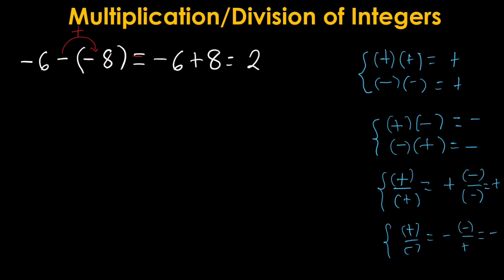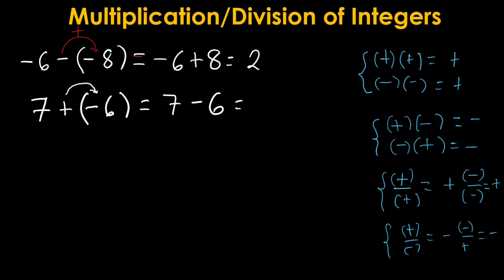Say for example, you have 7 plus negative 6, then you multiply the sign first. So you have 7, positive times negative, opposite signs gives a negative answer.